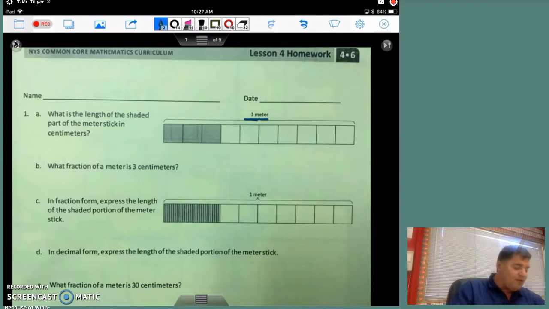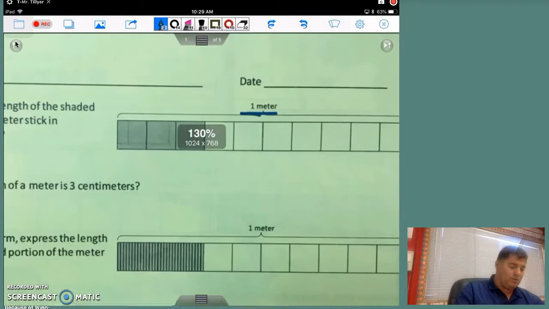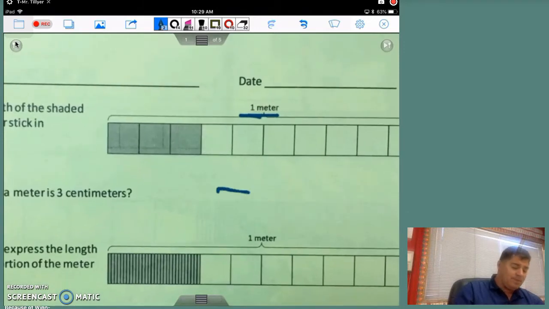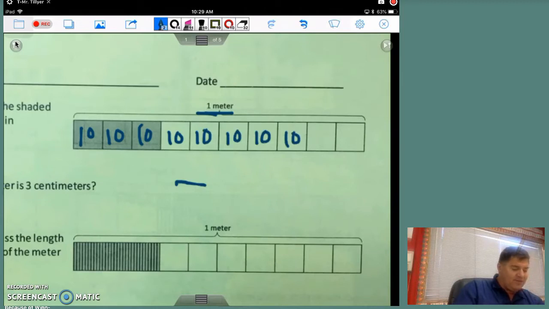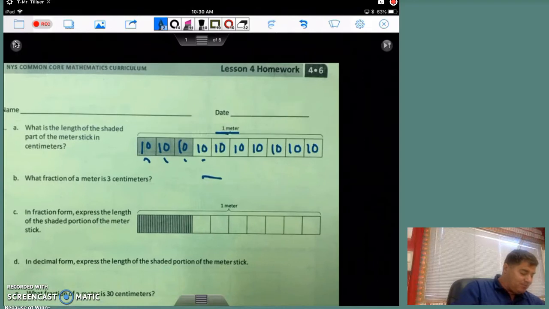So we've got 10 centimeters here, 10 here, 10 here, and so on. That means we have 3 tens, 1, 2, 3. 3 tens equals 30 centimeters. So there's 30 centimeters there.